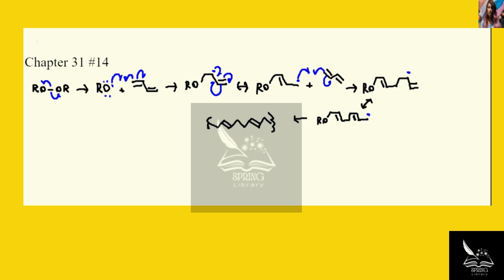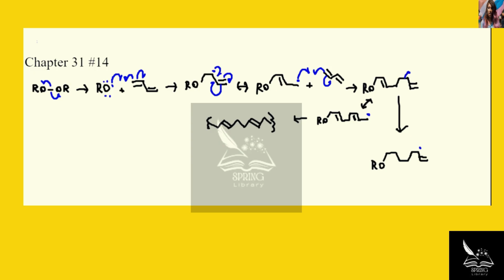But we could also have a situation where this intermediate doesn't rearrange. And so I'm going to go ahead and redraw the intermediate here. And then I will just show.